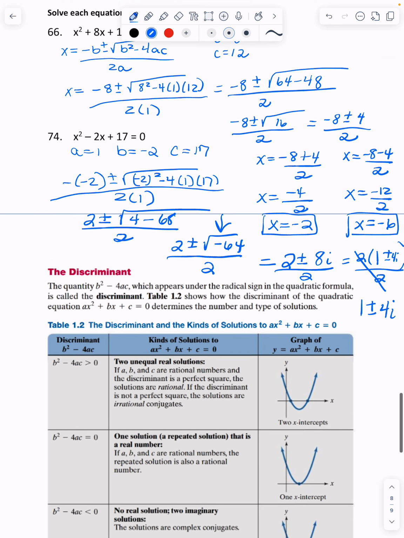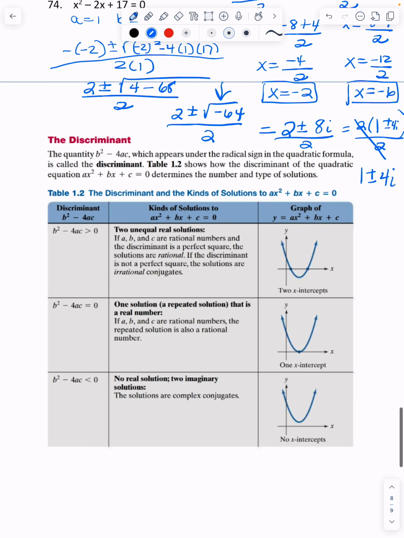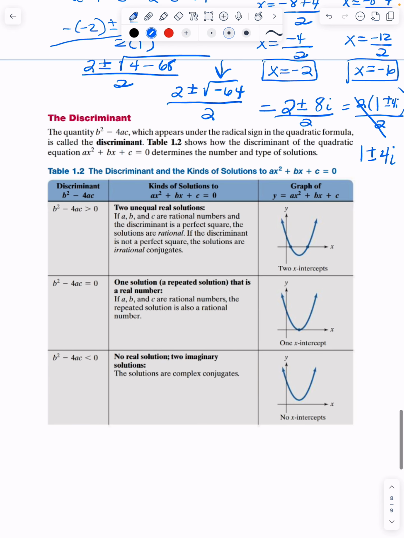The last thing I want to talk about is the discriminant. The discriminant is what we call b squared minus 4ac. That is the part of the quadratic formula that appears under the radical sign. And the discriminant is special because it tells me the number and type of solutions.